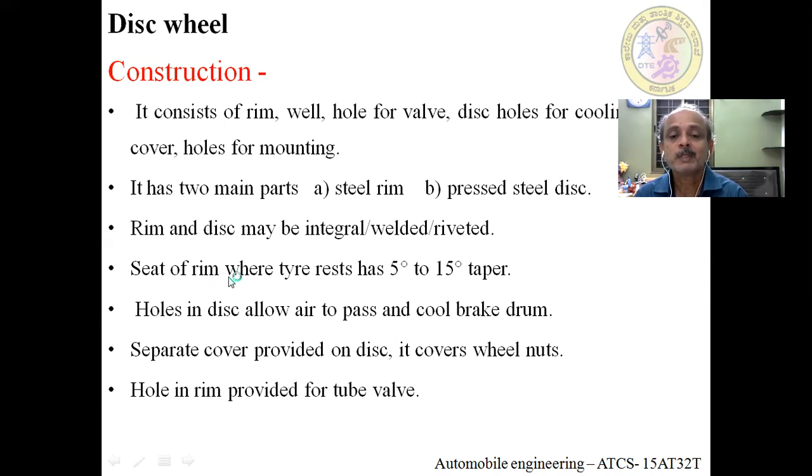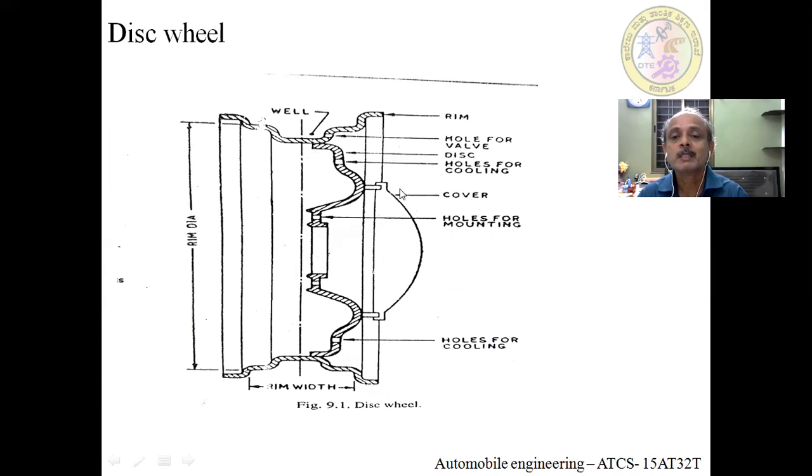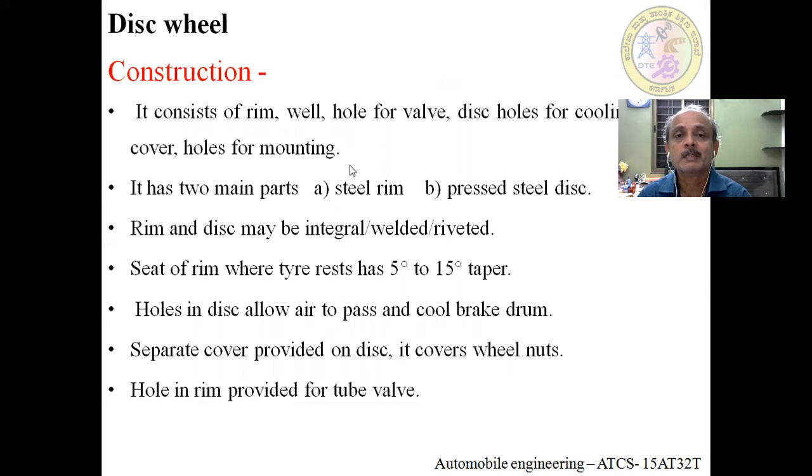The seat of rim, where the tire rests, has a 5 to 15 degree taper; it is called the seat of rim. You can see here the rim has the taper, 5 degree to 15 degree. Holes in the disc allow air to pass and cool the brake drum.